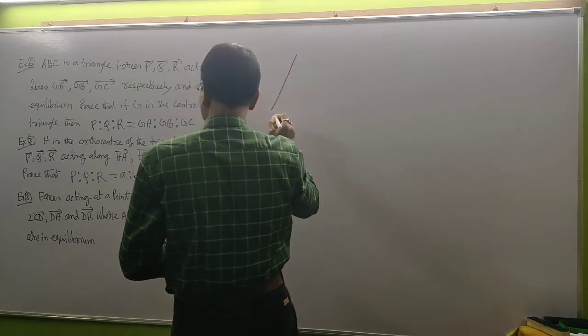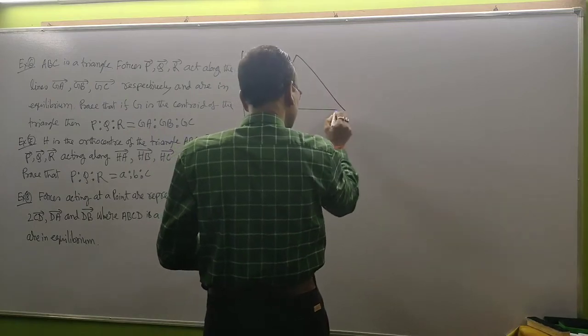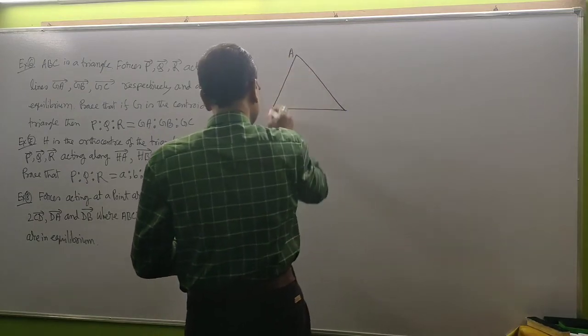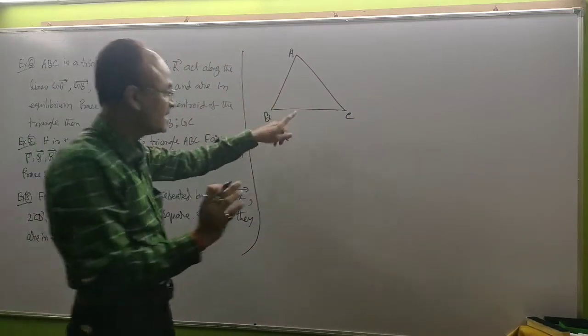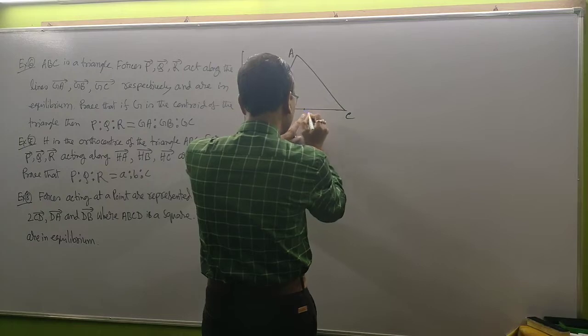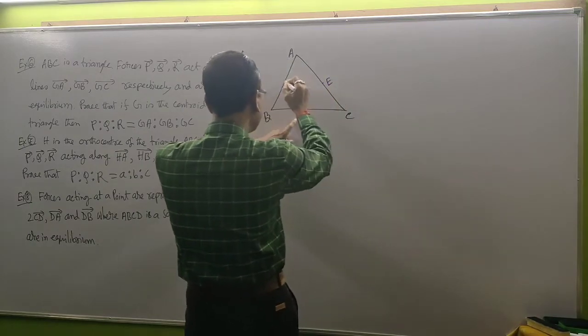ABC is a triangle. G is the centroid. Suppose D, E, F are the midpoints of BC, CA and AB respectively.